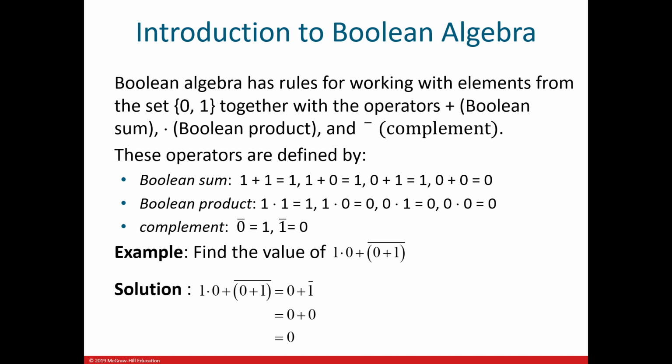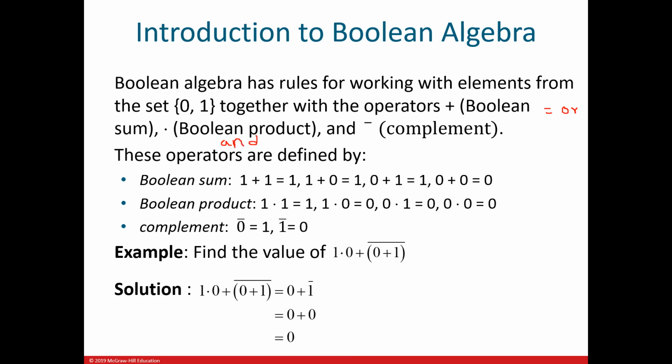And then we have 3 basic operations here, something similar to propositional logic. So plus is called the sum, which is equivalent to our OR operation. Then the Boolean product operation is equivalent to our AND operation.